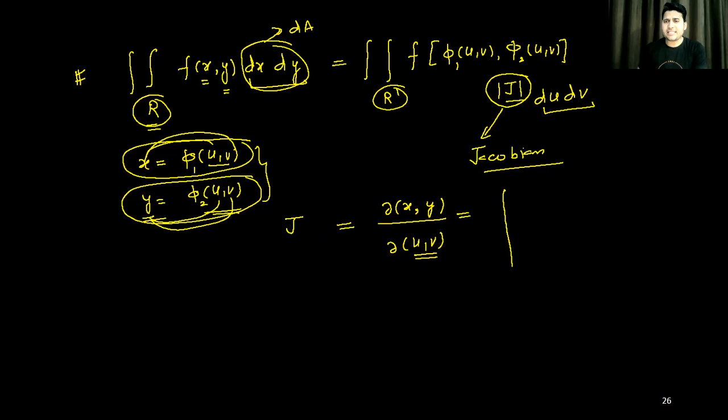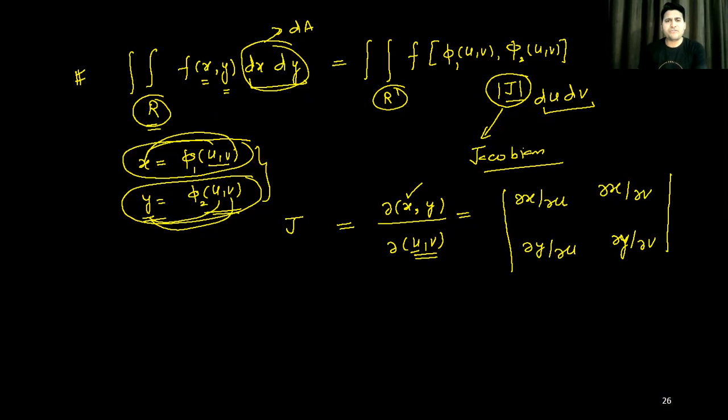It is defined as a 2 by 2 determinant: the partial derivative of x with respect to u, the same for x with v, the same for y with u, and the same for y with v. All the rates of change come over here. This is the Jacobian. Remember, in the integral we have to take its magnitude, a positive quantity.